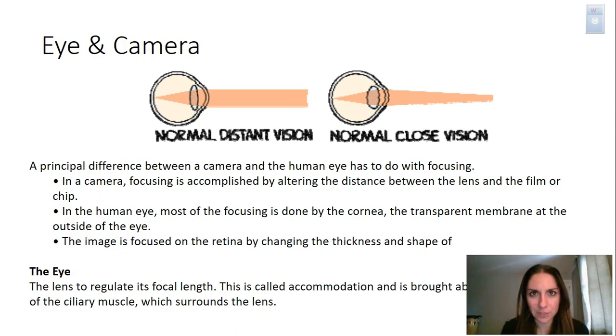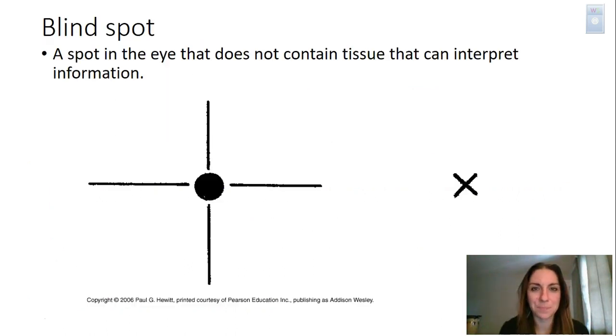Now, with a camera, if you ever see the camera zoom in and zoom out, they change the length between the focal point and the lens. And when that happens, you can change the image and make a more sharp image. But with the human eye, they actually do it with the cornea, which is kind of amazing. So we don't see our eyes going back and forth, right?